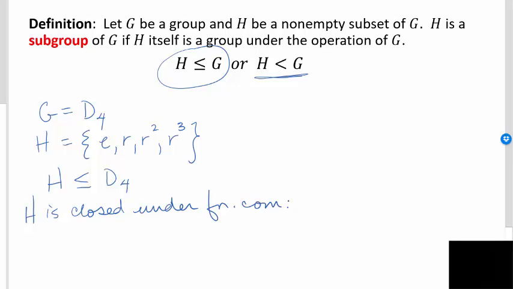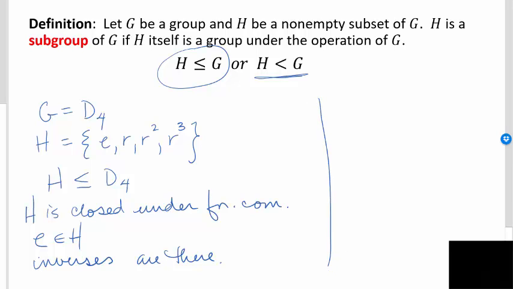We know that the operation is associative. That's inherited from the group D4, so that doesn't really even have to be mentioned. It is true that E is an element of H, so we have the identity. And the inverses are all there, because the inverse of a power of R is just another power of R.